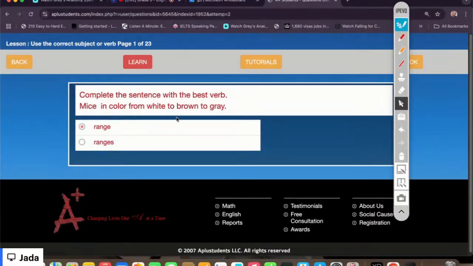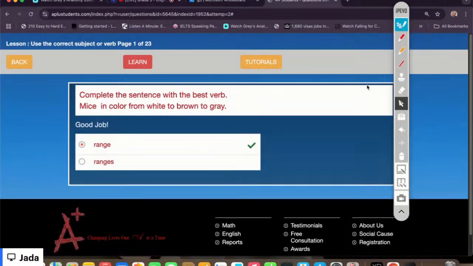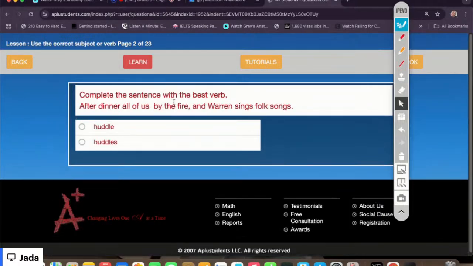Alright, so we have what? Range, because mice is what? A plural subject.